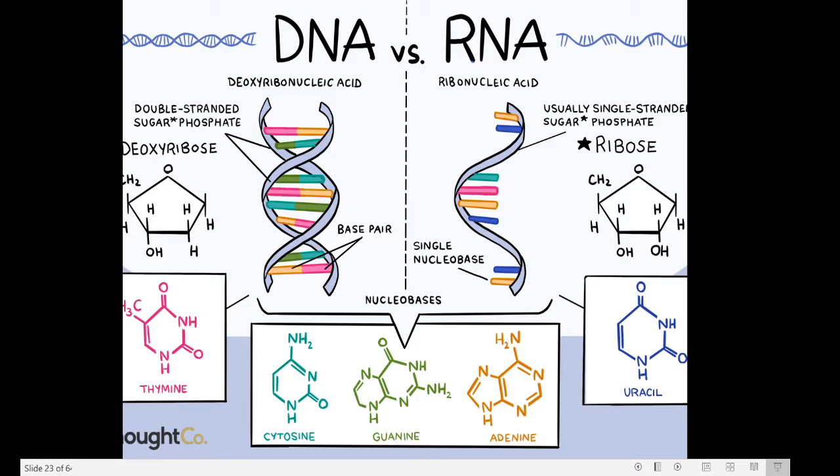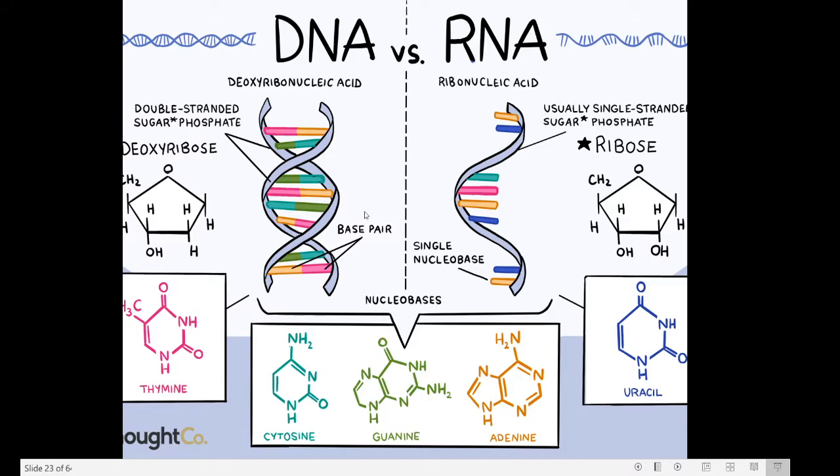It's a structural difference between the molecules DNA and RNA. Here, DNA has deoxyribose. This RNA structure has the ribose sugar alone.